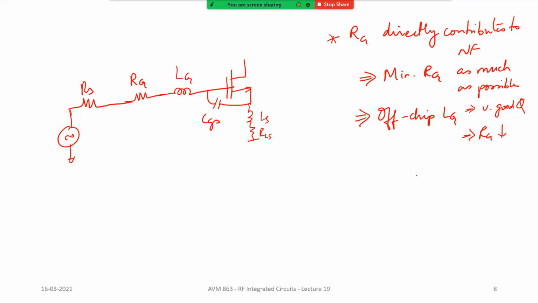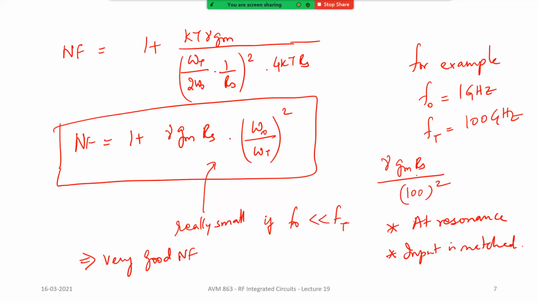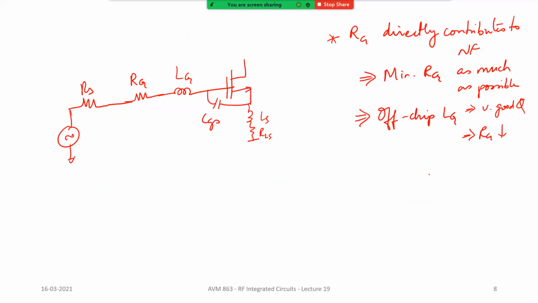All right. But in this topology, if you look at this expression, let me write it once again. Noise figure is 1 plus, let's say, GM RS gamma, omega naught by omega t, the whole squared. So another thing that we learn from this equation is maximize Ft, right?